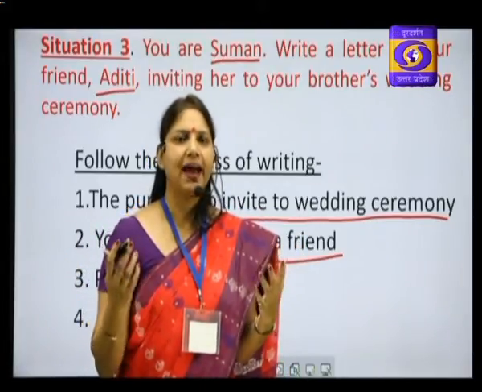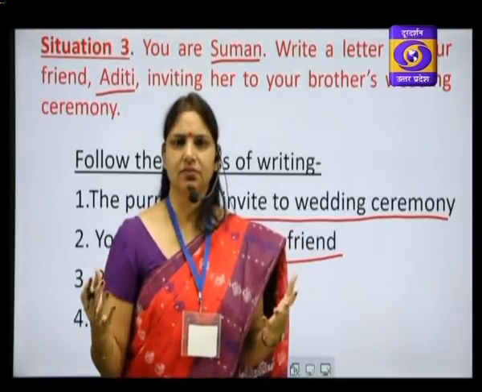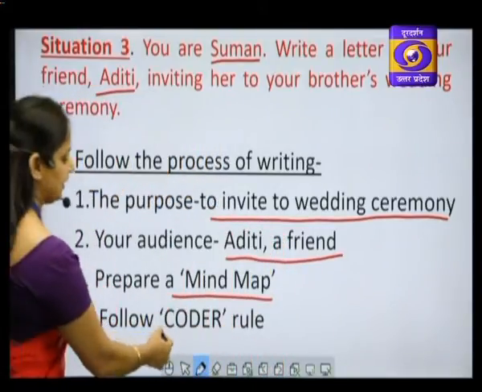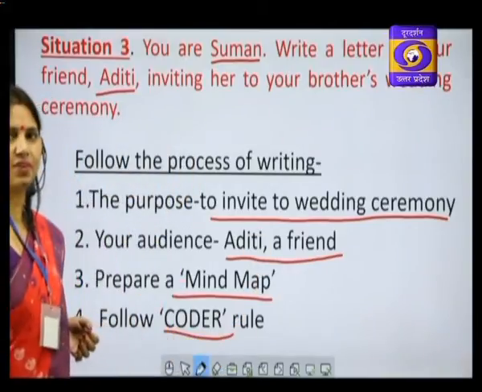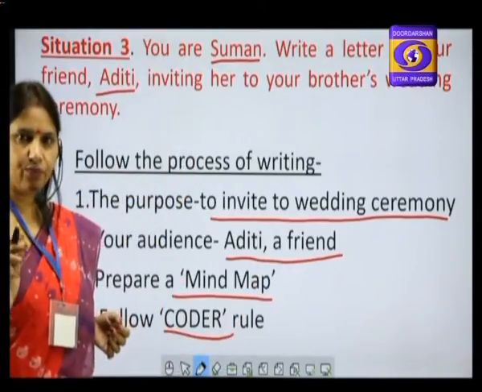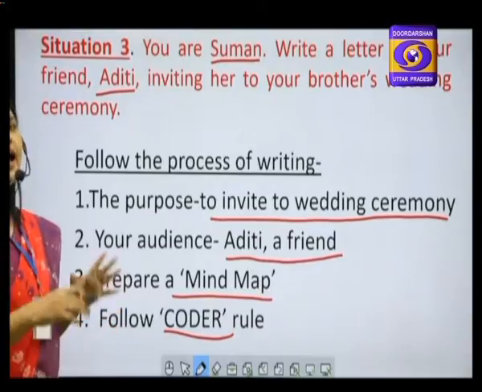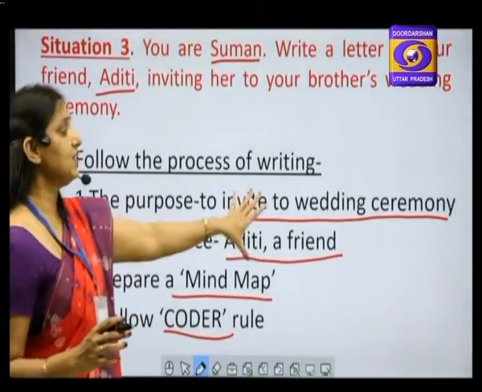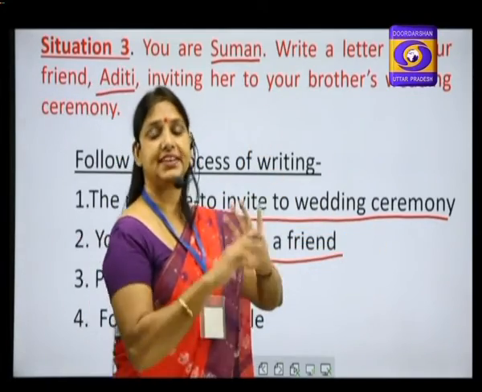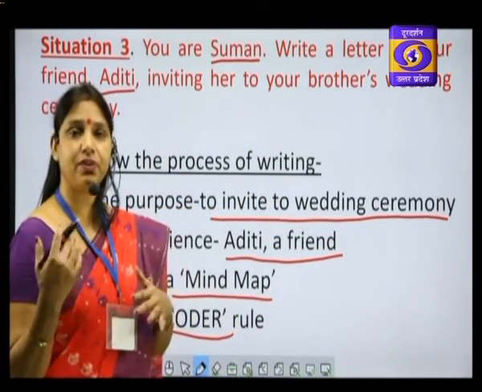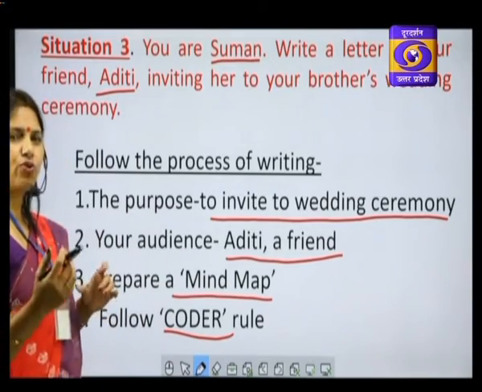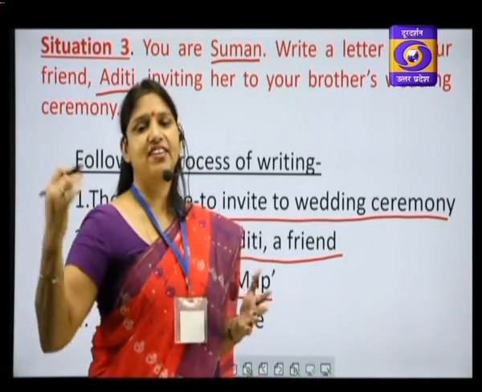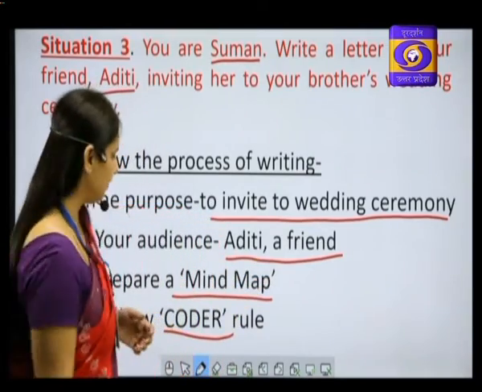You may plan to dance together or do something which is a fun activity. Okay? Follow the CODER rule. Choose the letter format, follow that, and the purpose of the letter, that is inviting for the wedding ceremony, should be stated very clearly with date, time and venue. And then in conclusion, you can write what she can expect when she comes. Okay?